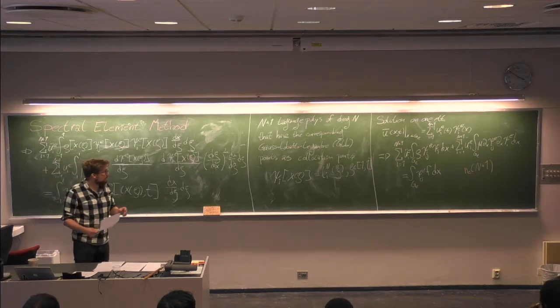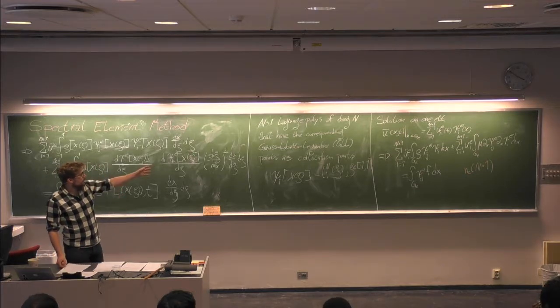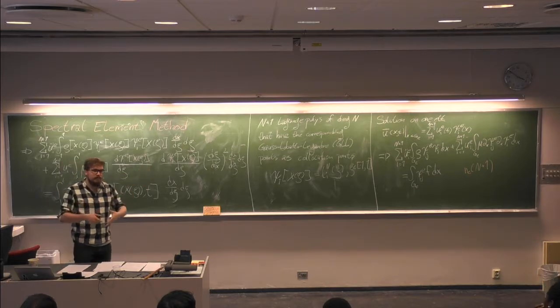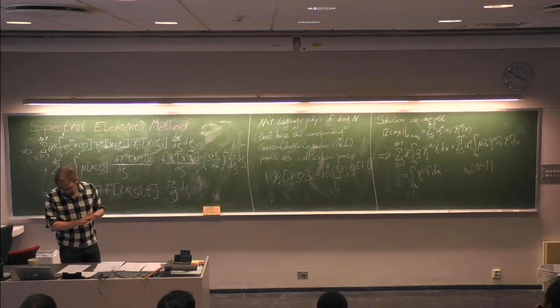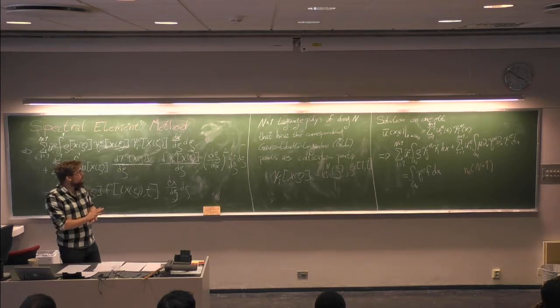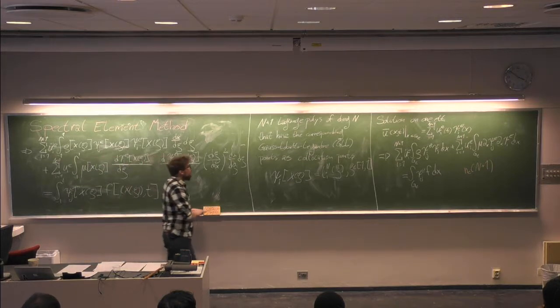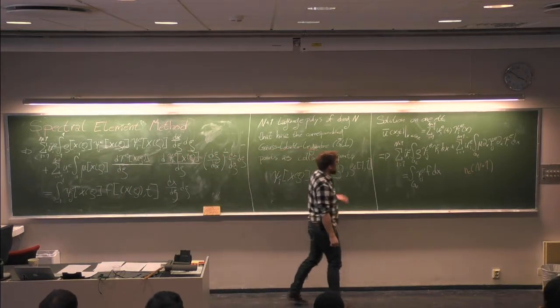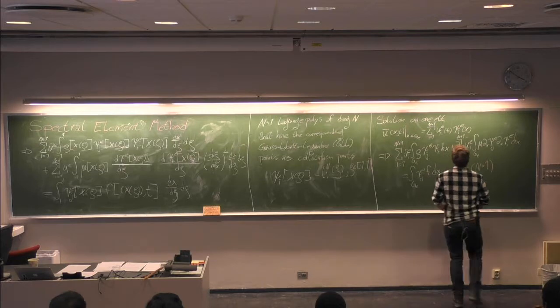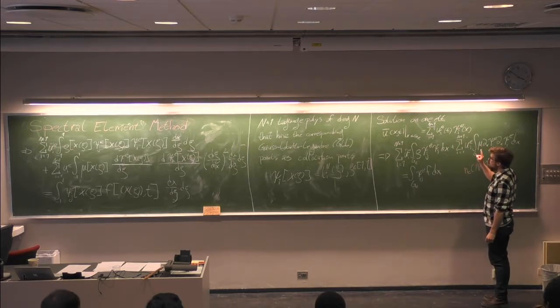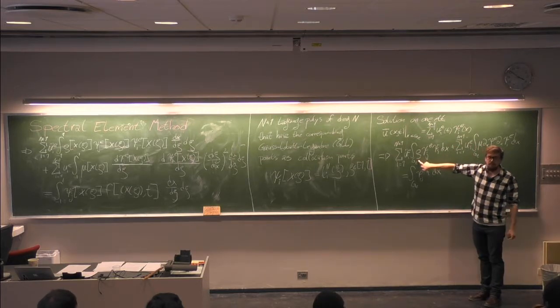And also it's been shown that picking these GLL points, you can actually reduce the numerical inaccuracies. And we can use them for integration. So we can use GLL quadrature, meaning that we can solve this integral fairly easily.